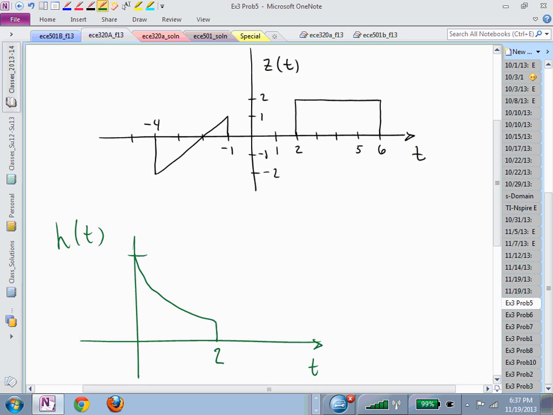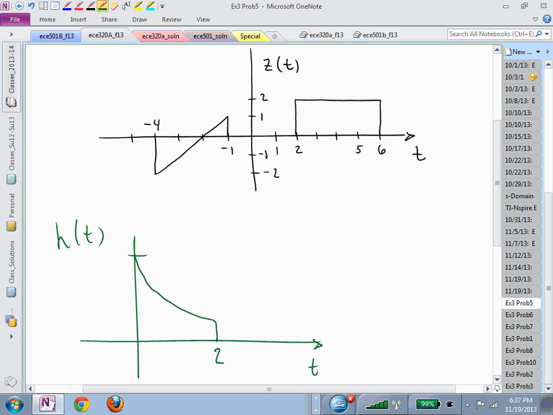Is that making sense? Well, we need to get these things figured out, don't we? So if I hit it with an impulse at time 0, then it keeps shaking until 2 units of time later. So now I keep shaking this system until 6, then I quit shaking it.